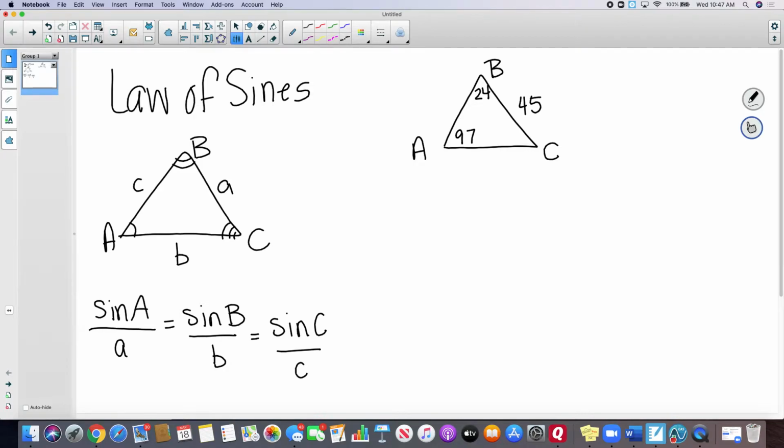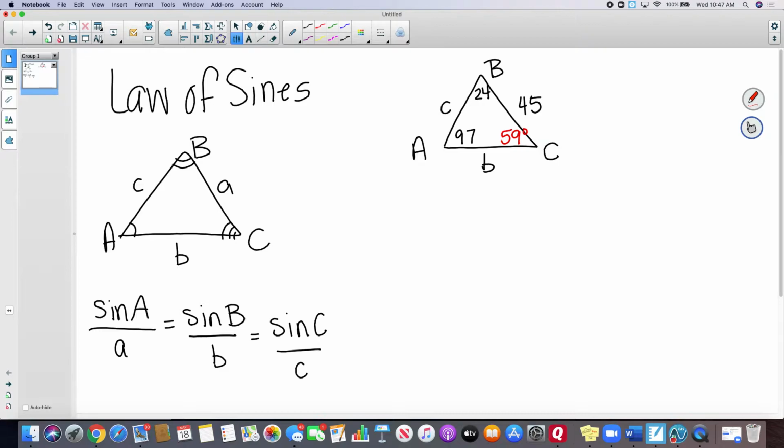The problem will say something like, solve the triangle, meaning find all of the pieces that are missing. To find angle C, we don't even need law of sines. We just add up the two angles that we have and subtract from 180. So angle C is 59 degrees.